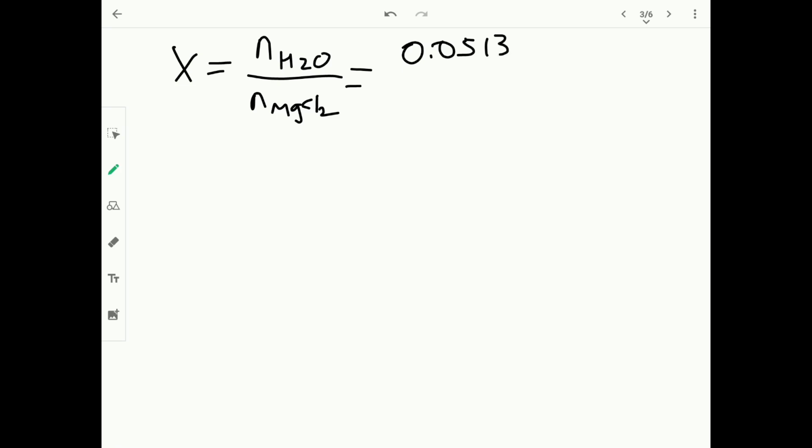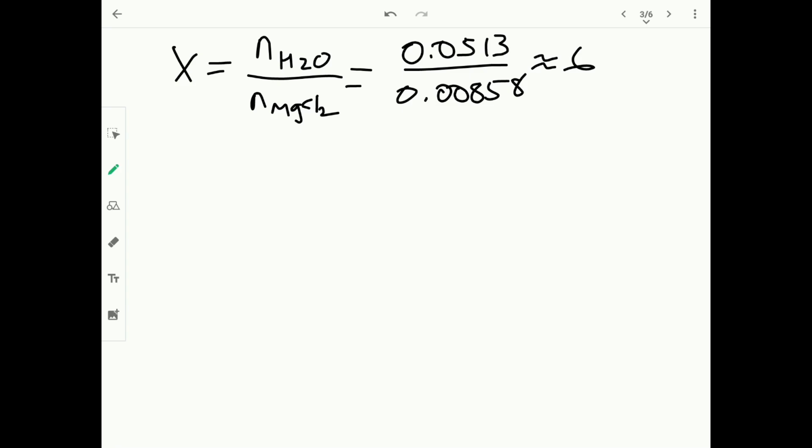To find that X, all you have to do is divide the number of moles of water over the number of moles of MgCl2, because we have to find a relationship between the number of moles. So it is 0.0513 over 0.00858, which rounds to approximately 6, because we want a whole number if possible.